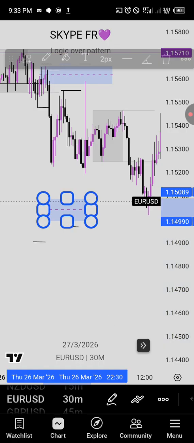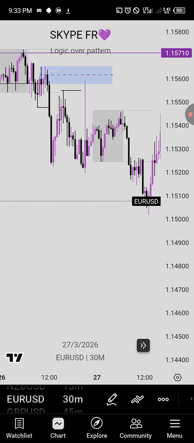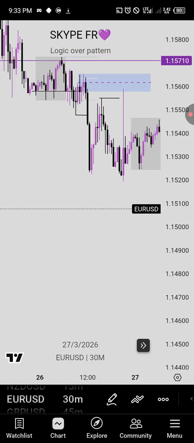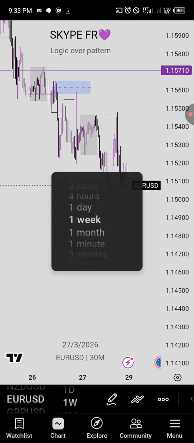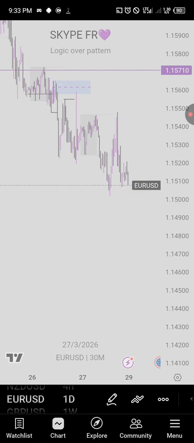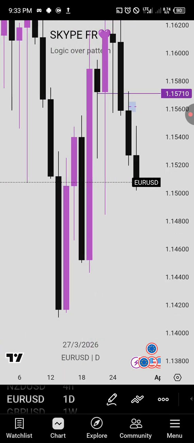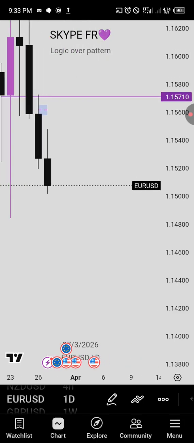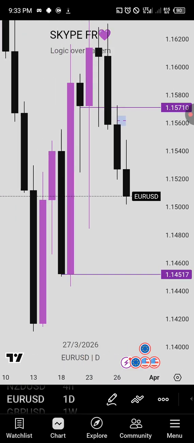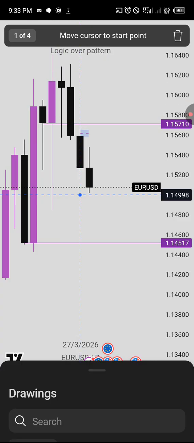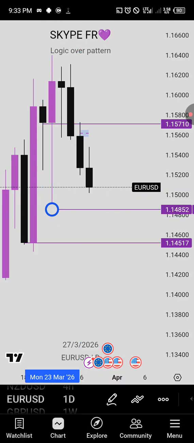Now remember, I said our entry target is either the next drawn liquidity on the entry time frame, or the next opposing key level from the higher time frame. So this is the next opposing key level. But I won't be looking at that, rather I'll be looking at this level.